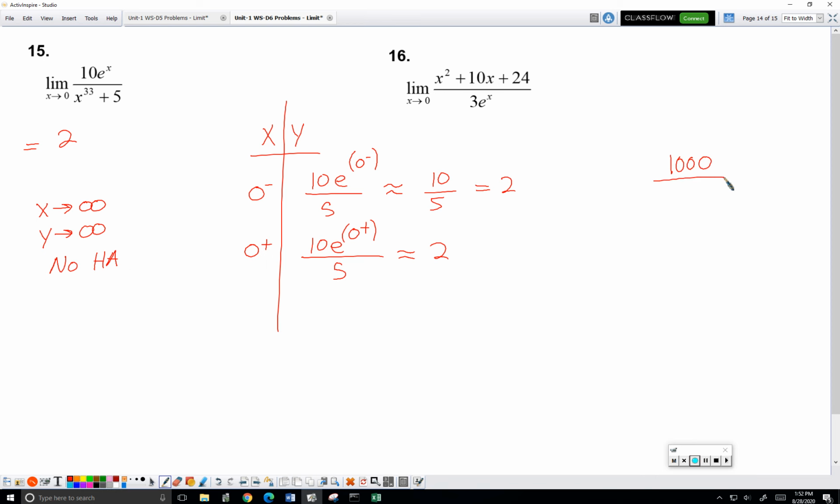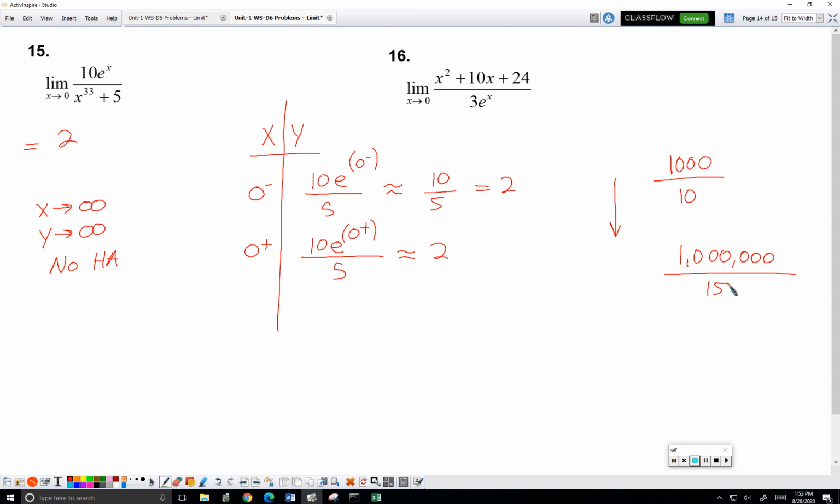Power on the bottom means it's a big number too. Now those aren't very big, we just pretend. But the top grows really fast. So as we plug in a larger x, tell me a number that's bigger than 1,000. Good. Now make the bottom grow, but remember it cannot grow nearly as fast. 15. There we go.